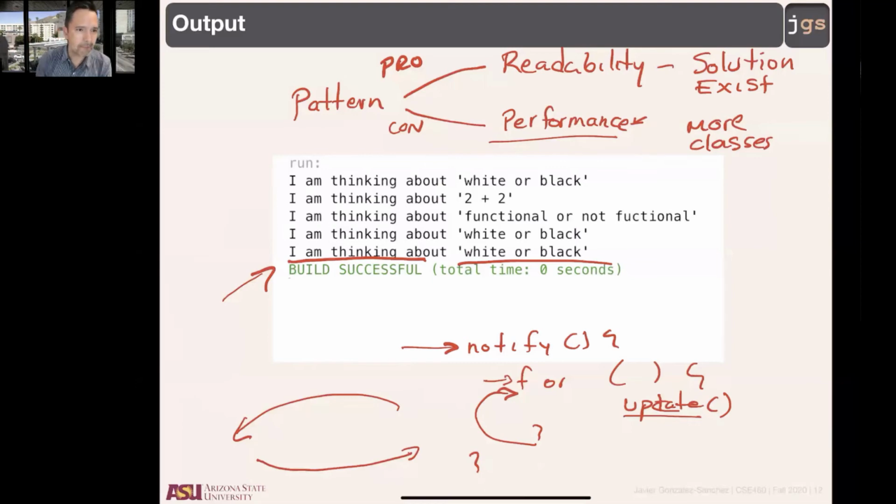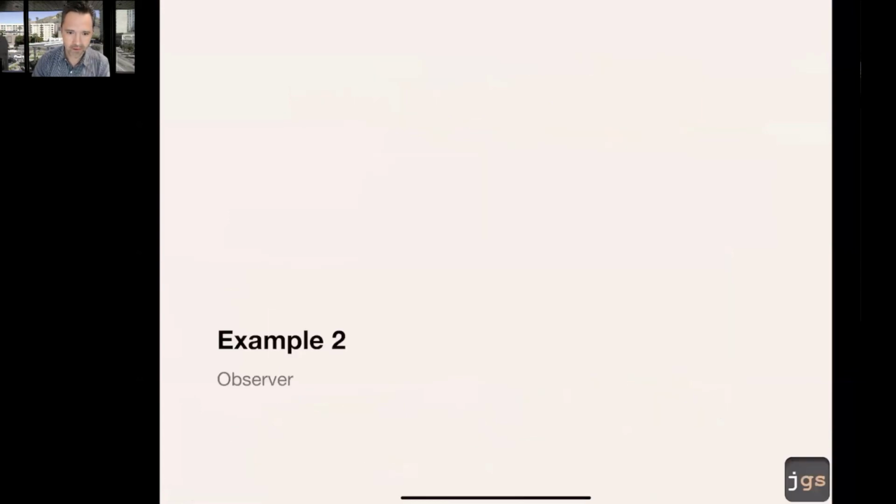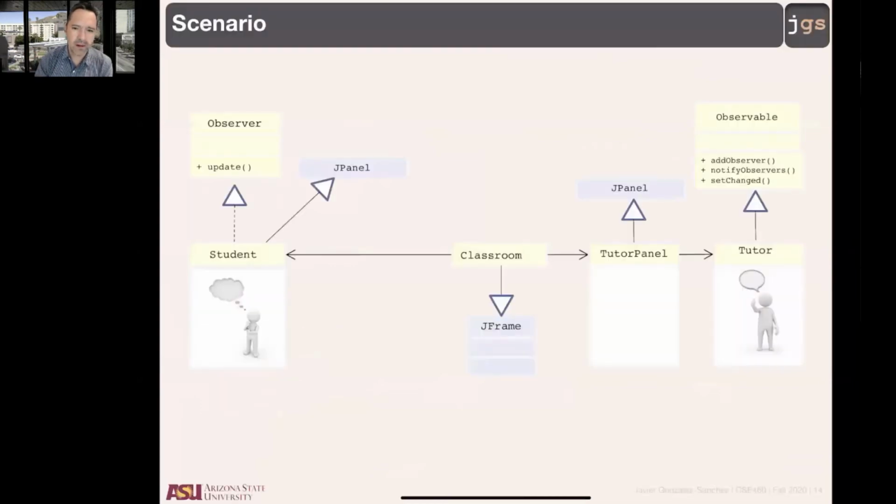Good, okay. Second example. The example that I showed you before uses text. The next one, what if I want the observer, but not alone?